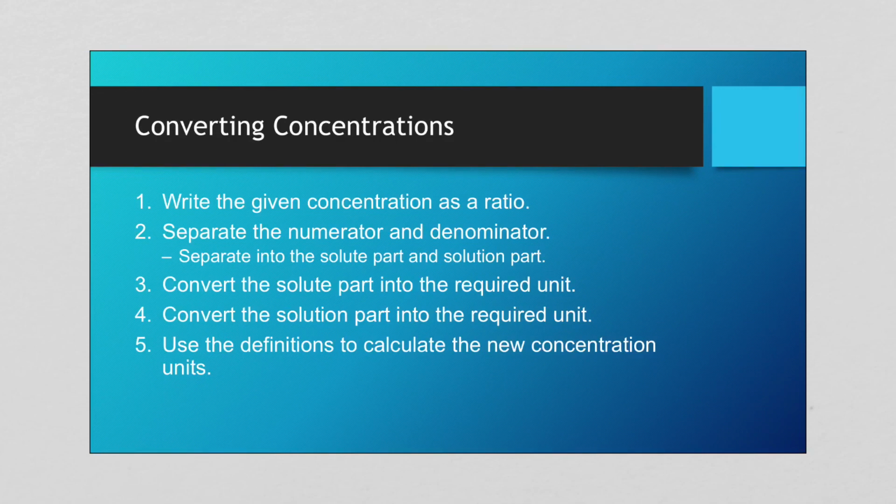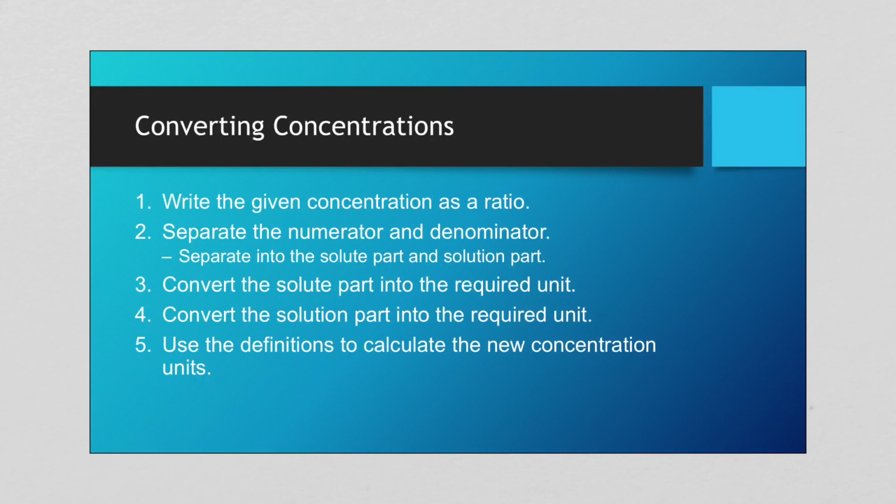Some of the things to keep in mind: remember that concentrations can typically be written as a ratio. While there may be a unit like molarity or molality, we have to understand what those mean. If I'm given a concentration of molarity, I can write that as a certain number of moles per every 1 liter, so I can write that as a ratio. What this does is help separate the numerator and the denominator, so it allows us to individually think about what I need to calculate a molarity.